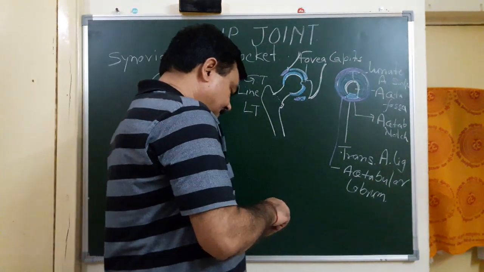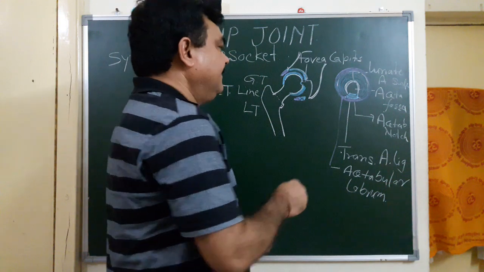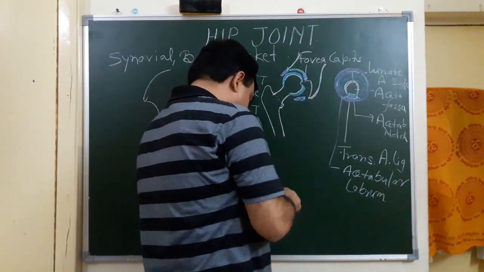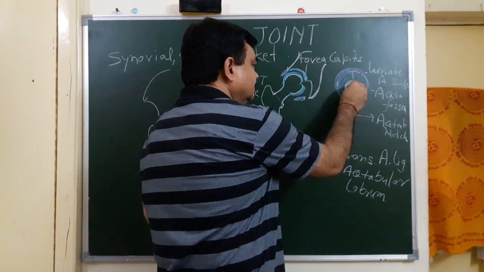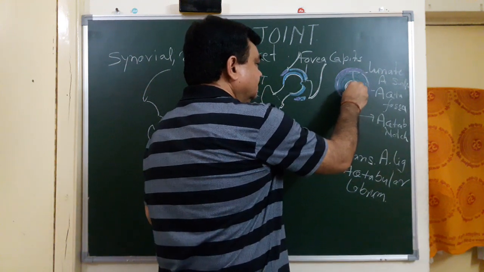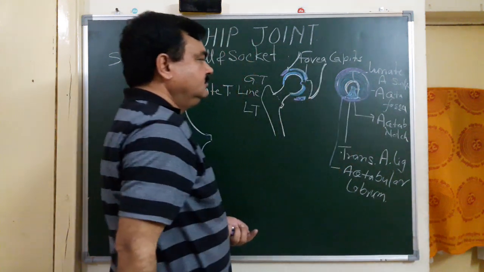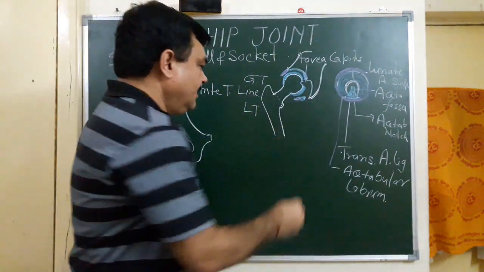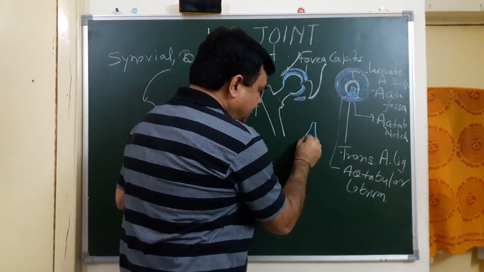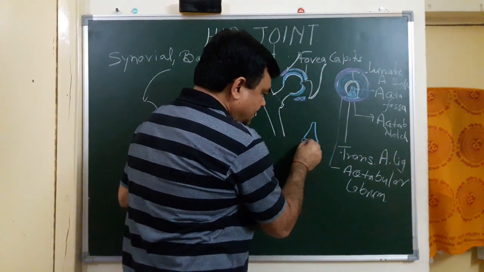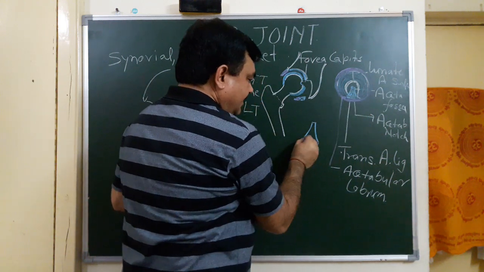Another ligament is triangular shaped, like this. It is triangular in shape and attached with the transverse acetabular ligament.